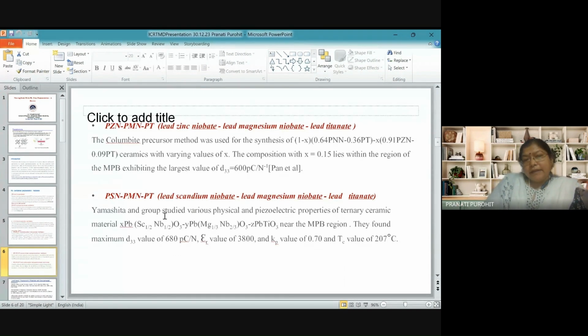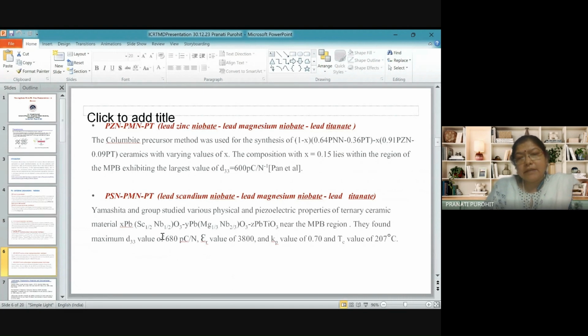Then the next ternary material was synthesized by Yamashita and group, and they studied various physical piezoelectric properties of ternary ceramics. This material is lead PSN-PMN-PT, that is lead scandium niobate, lead magnesium niobate, and lead titanate.